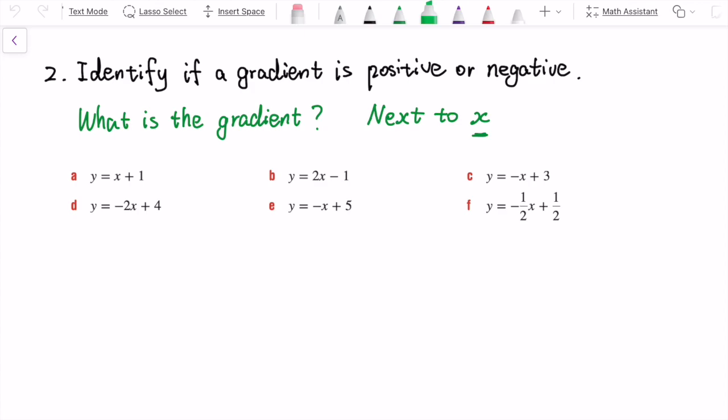The gradient is right next to the x, which is 1. B, the gradient is 2. C, the gradient is -1. D, the gradient is -2. E, the gradient is -1. F, the gradient is -1/2.